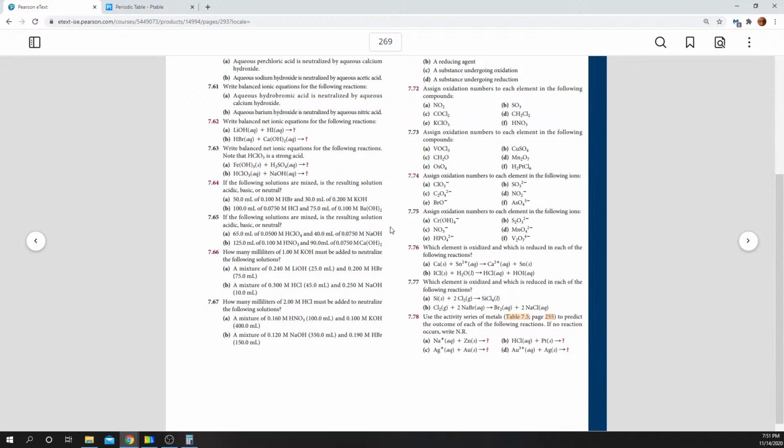76. Which element is oxidized and which is reduced? Calcium is going to calcium 2 plus, so it's being oxidized. Tin is going from 2 plus to 0, so it's being reduced. ICl plus H2O goes to HCl plus HOI.